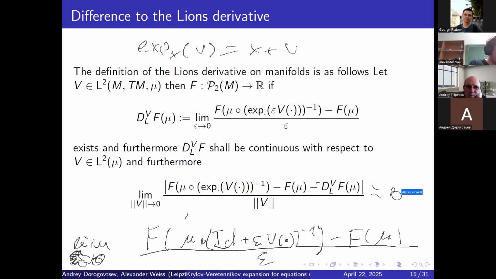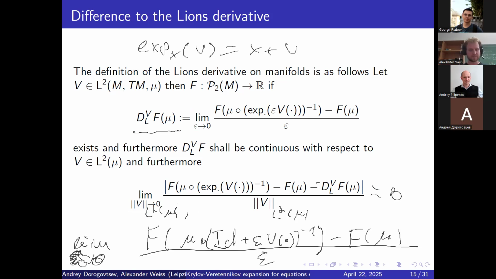Here should be a 0. And this is L2 mu. So this is the directional derivative up here. And because Lions was looking at Fréchet differentiability in his work on mean field games, this is an additional part of the definition for the actual Lions derivative as in his book.